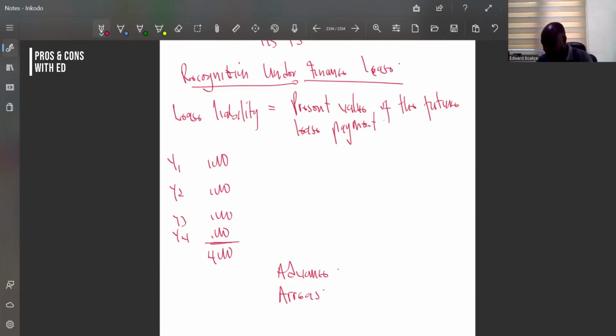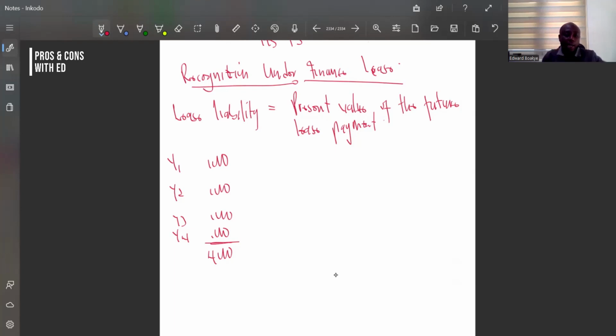All right. So we now understand what we mean by advance payments and arrears payments. Now, the question you ask yourself is, why are we bringing all this thousand to the present? It is because of the time value of money.